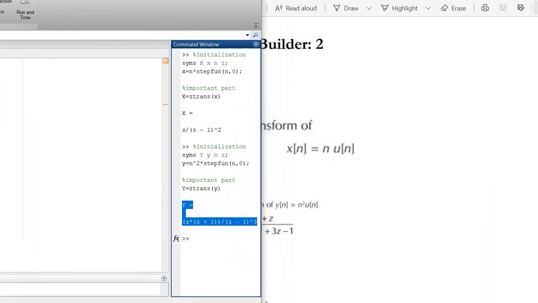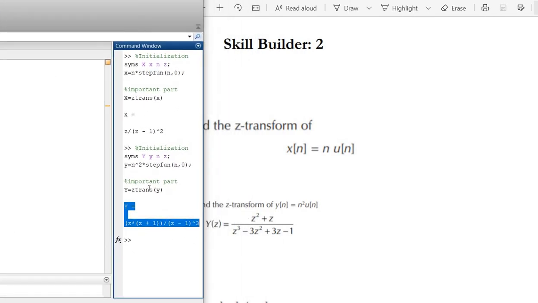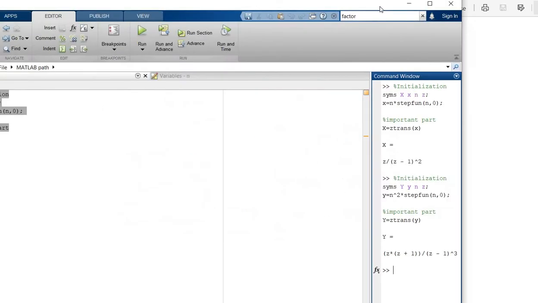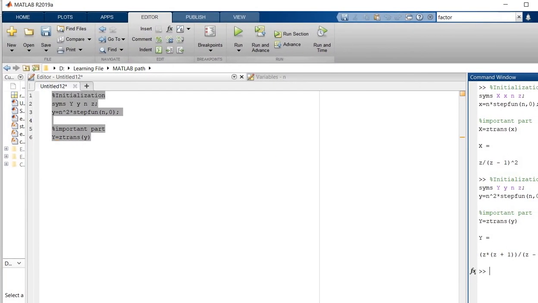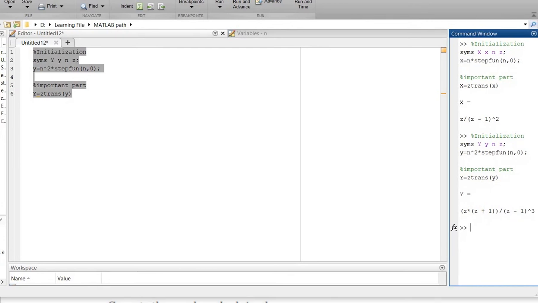As you can see, z, if you distribute that, you will get the numerator, and then if you expand this, you will get this one. Okay, so we're done with our number one.